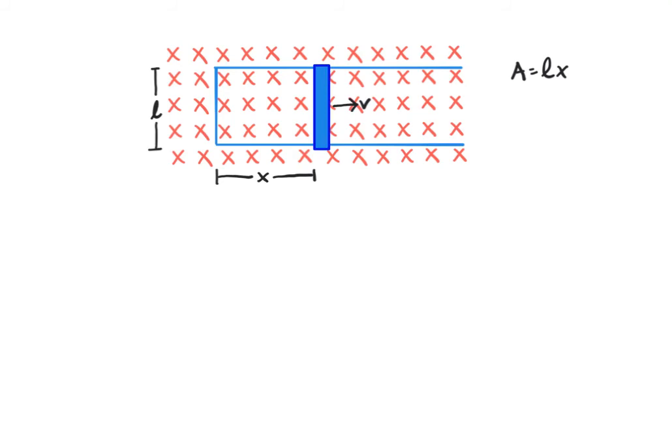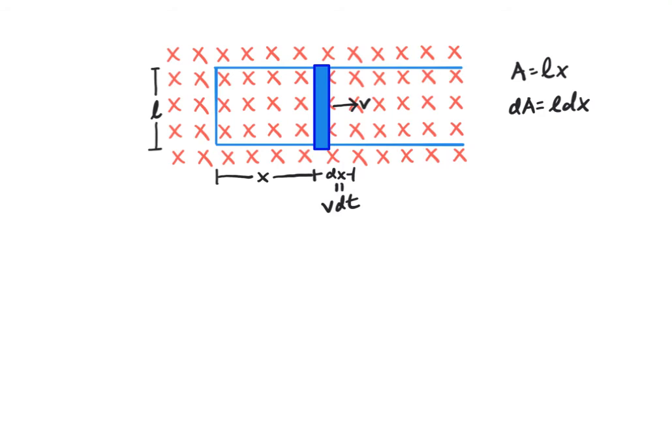Now in this case, the magnetic flux is changing because the area is changing, which means we have to deal with the dA part this time. Luckily, it's pretty straightforward. L is constant, and so dA is simply equal to L dx. And dx is how the position of our rod is changing over an infinitesimal amount of time dt, and that can just be expressed as v dt.